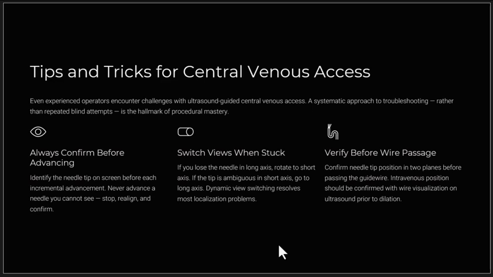If you lose your needle on either axis, short or long, you can always rotate 90 degrees to verify where the needle tip is, because sometimes where the tip is in the soft tissue can be hard to recognize. So having that dynamic ability to switch between long or short axis will help resolve the localization issue when it occurs. And finally, before you pass the guide wire, go ahead and confirm the needle tip position in the two different planes.